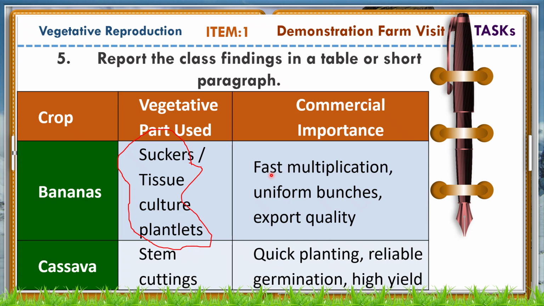And the importance was that there is faster multiplication, uniform bunches, and export quality. Then the cassava, they were using stem cuttings. The importance is that there is quick planting, reliable germination, and high yields.